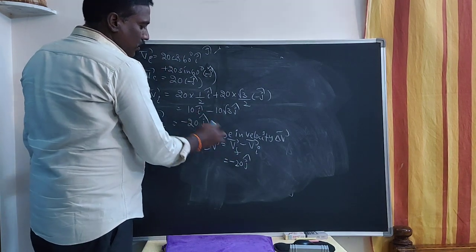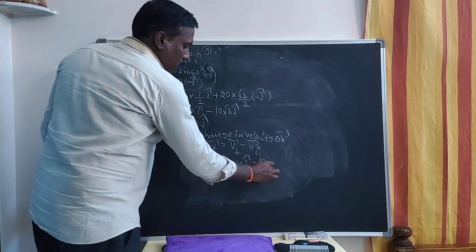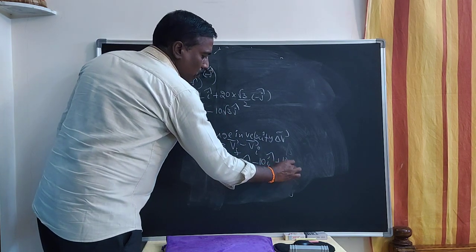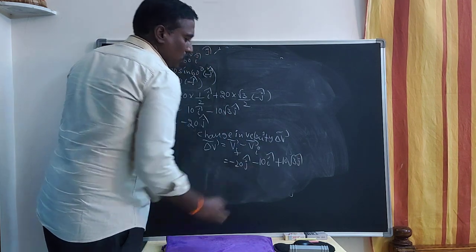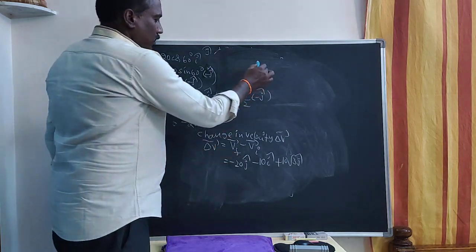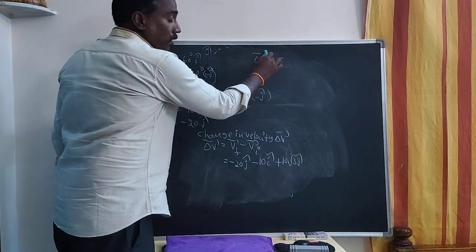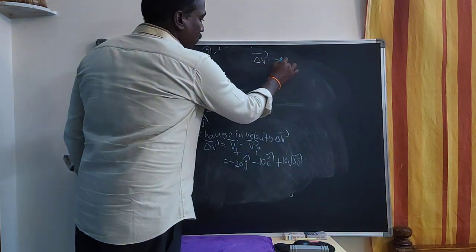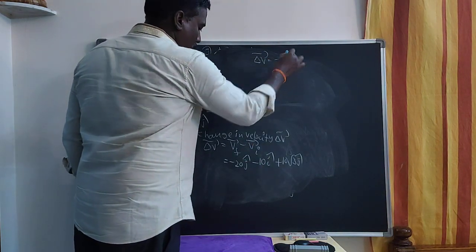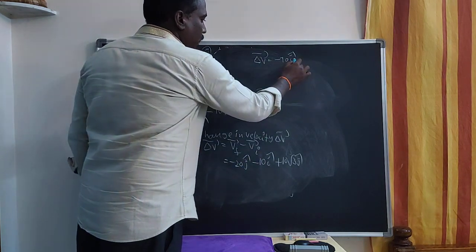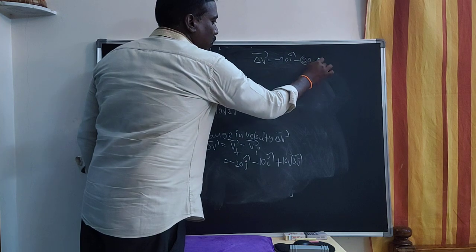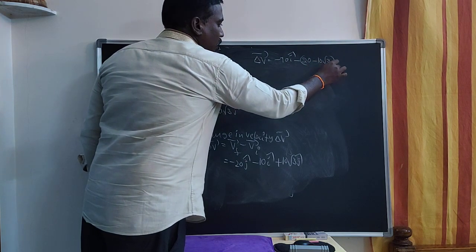The initial velocity is 10 I cap minus 10 root 3 j cap, so we subtract: minus 10 I cap, minus of minus, plus 10 root 3 j cap. So finally delta V bar can be written as minus 10 I cap minus 20 minus 10 root 3 j cap.